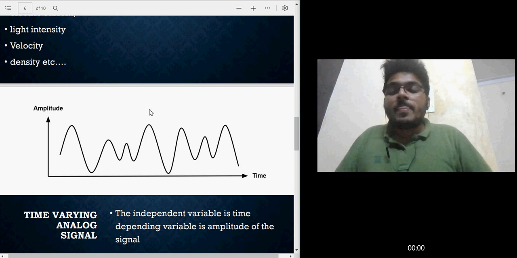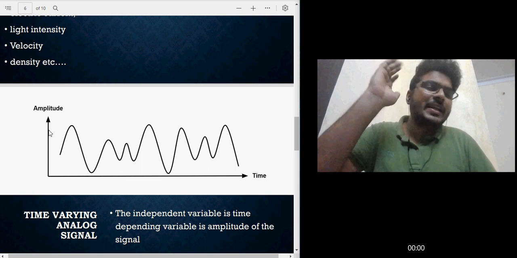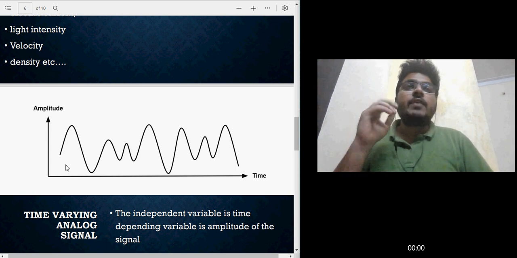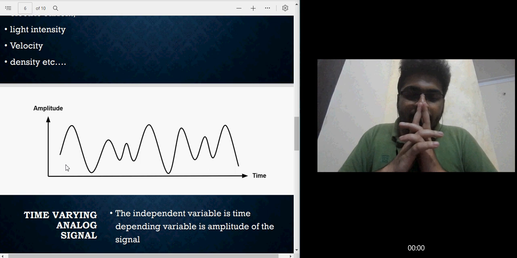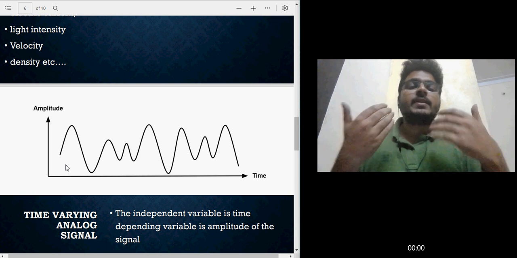Let's take a truck. Now don't consider this an amplitude, but consider this as speed. I have told you that to better understand a signal is to understand a process, a representation of a process.